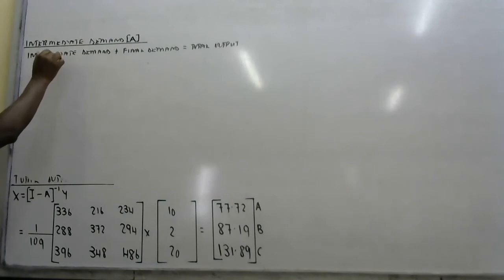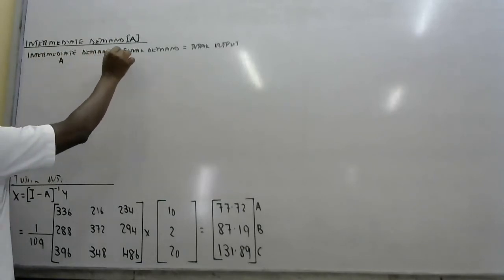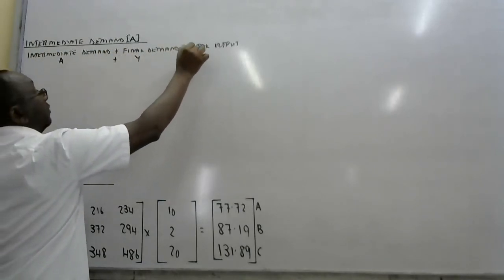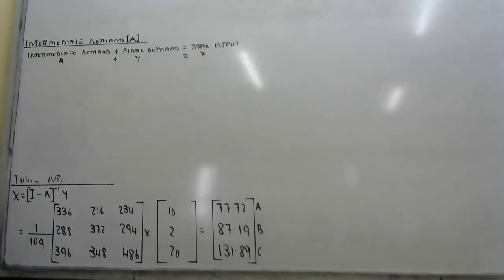Remember, this is the one we are saying A plus Y is going to give us X. And thus, if I'm looking for A, it then must be X minus Y.